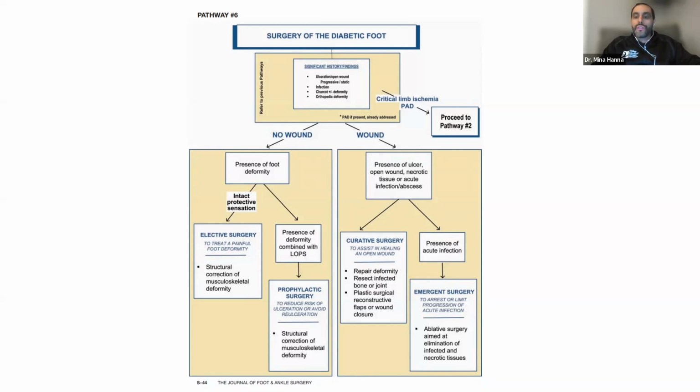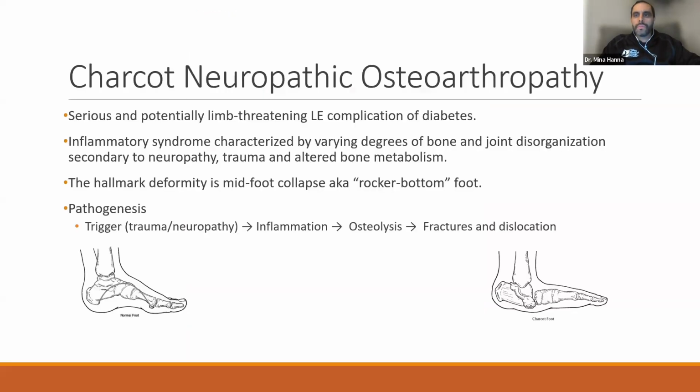Then there's curative, if a patient has an ulceration with or without an infection, such as repairing deformity or resection of infected bone, which is called osteomyelitis, or wound debridement with graft application to help heal a non-healing wound. And lastly is emergent surgery, such as gas gangrene or necrotizing fasciitis, which are really bad infections, where the surgery has to be done right then and there to prevent the infection from spreading and eating away at the tissue.